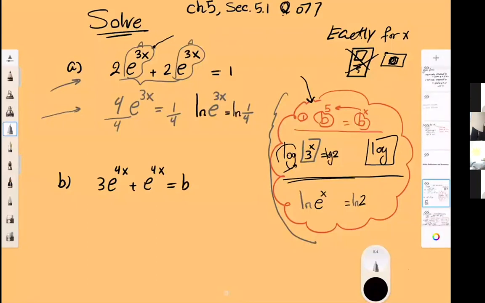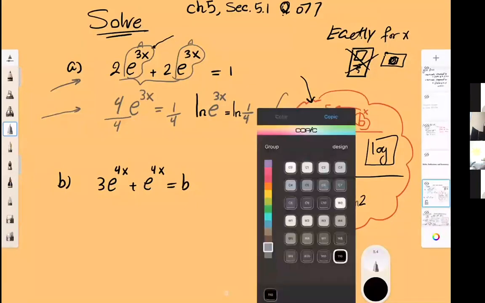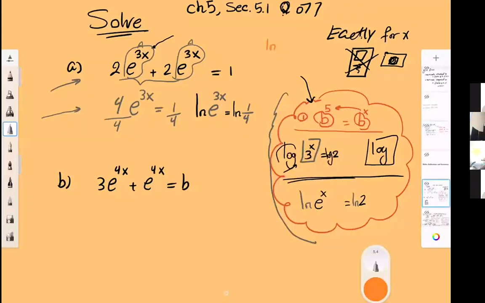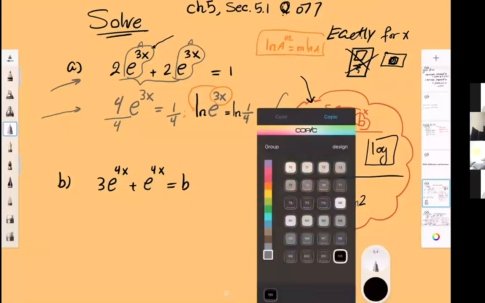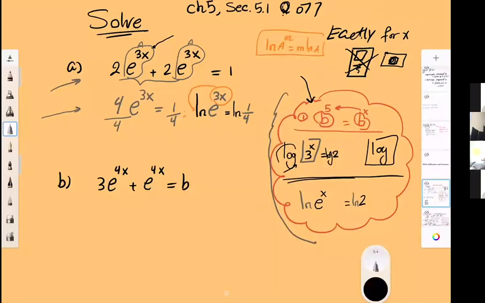So one of the formulas we learned: ln of a^m equals m ln of a. So this exponent will be in front of ln. We have 3x ln of e equals ln of 1 over 4. 1 over 4, I'm going to put 0.25.